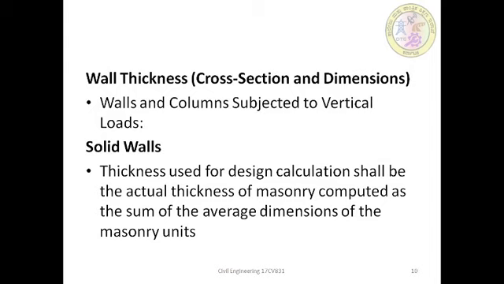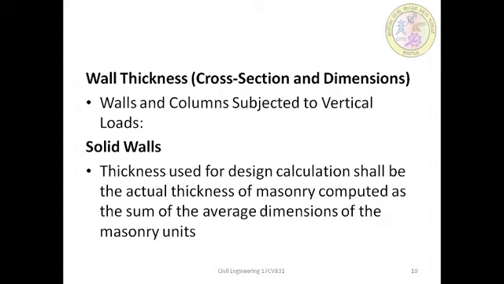Now, next is the wall thickness, that is, the cross section and the dimensions. Walls and columns subjected to vertical loads: the walls and columns bearing vertical loads shall be designed on the basis of permissible compressive stresses.